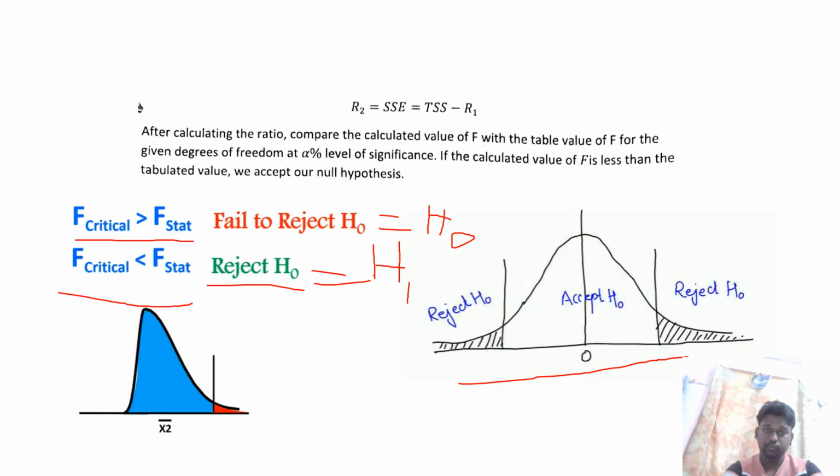In this diagram, this area is H naught and this area is H1, the rejection region for H naught, with the acceptance regions on either side. If F critical is greater than F statistic, we accept H naught; if F critical is less than F statistic, it is H1.